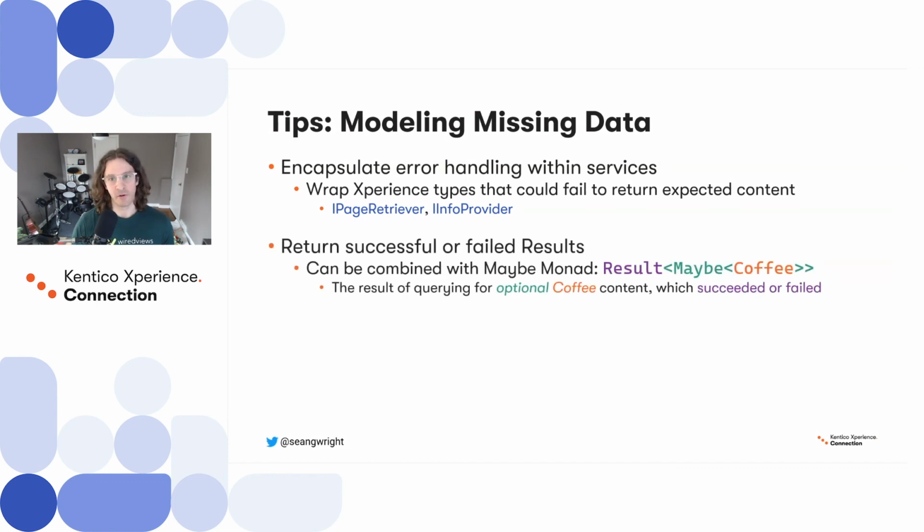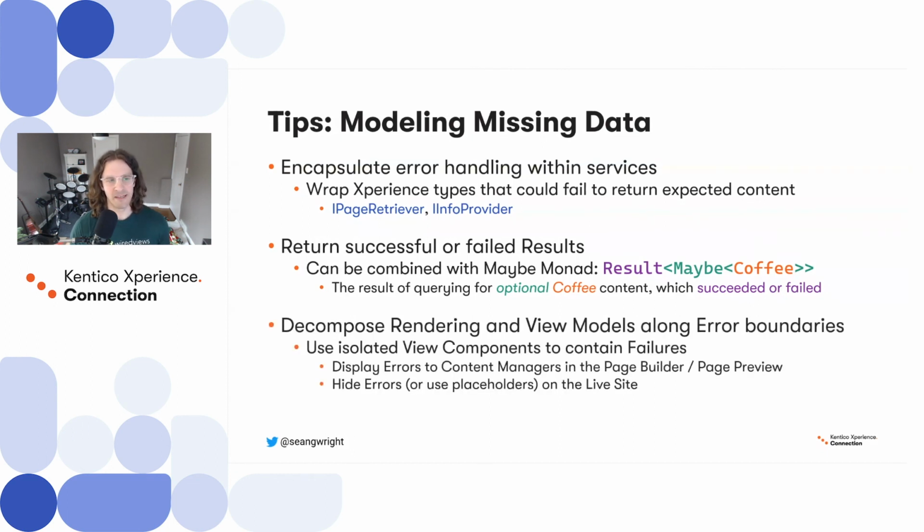We want to return successful or failed results from our methods. And it's kind of cool that we can combine that with the maybe type. So we could have a result of maybe of coffee. What does this actually mean? Because this might look confusing if you're not familiar with what these types do. Well, it really means it's the result of querying for optional content, which might have succeeded or failed.